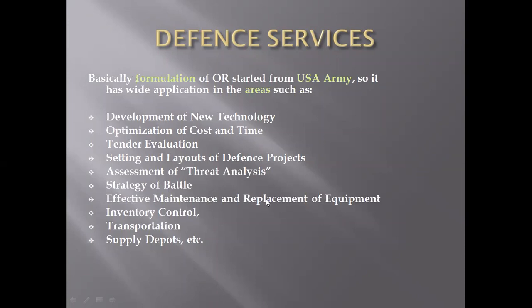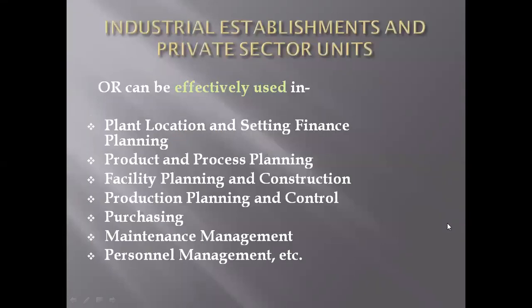And if there are any malfunctions commencing in the different kinds of processes while manufacturing, or while the processes are taking place in the industrial sector, then this maintenance activity also needs to be analyzed, and supply and depots, etc. And industrial sectors are effectively used in plant location, where the new company has to be started, and in which location it has to be started, whether the location is environmentally free or not, we have to analyze.